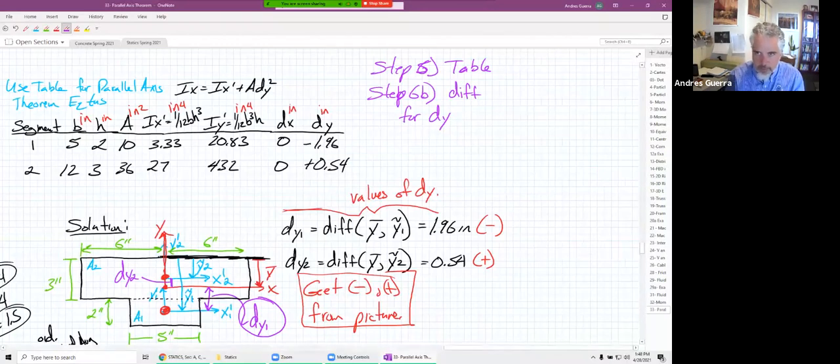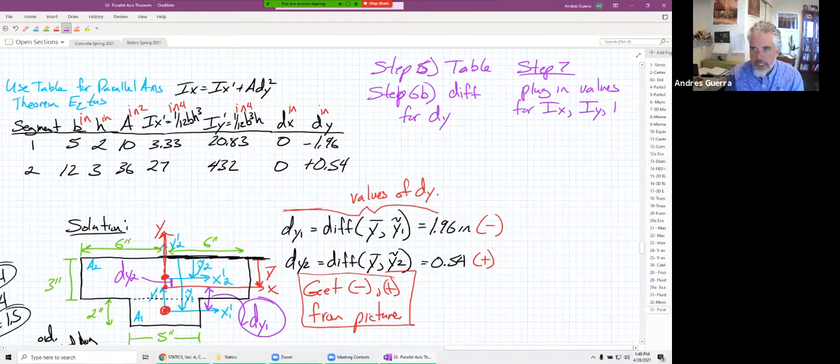Step 7 is going to be to plug in our values for Ix and Iy and Ixy, because now we have everything that we need.